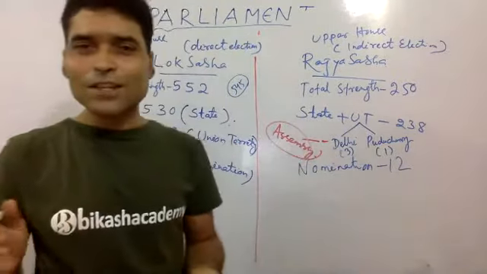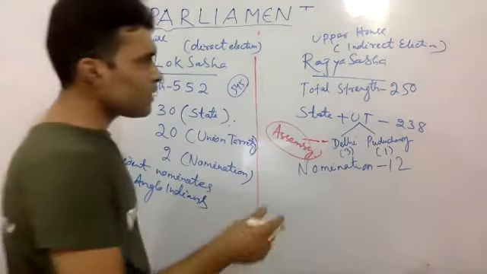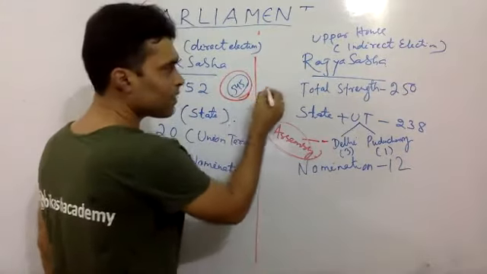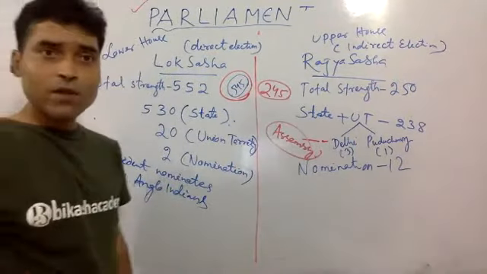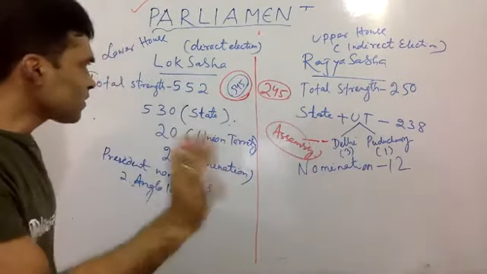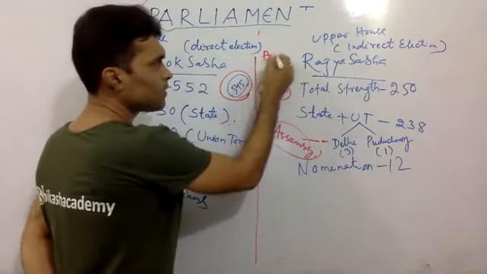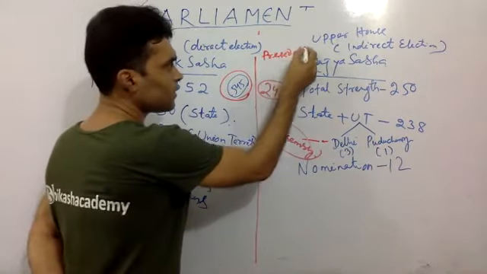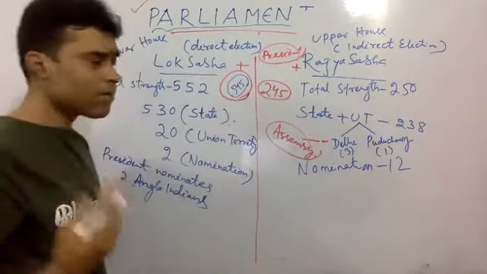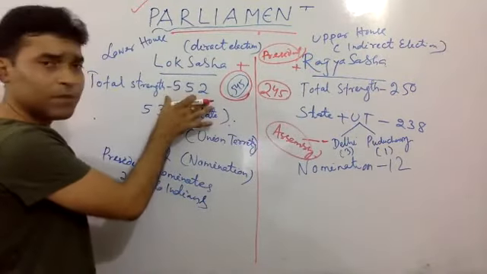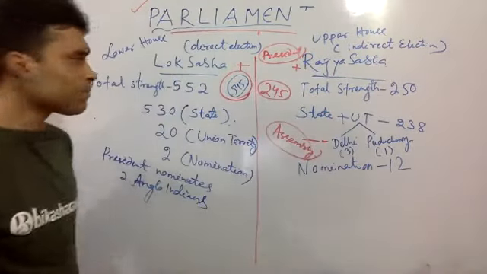At present, here 545, here 245 members, right? No issue, but this is very important. Let me explain again. Lok Sabha plus President plus Rajya Sabha is known as Parliament. Simple. In Lok Sabha, we have 552 total strength. In Rajya Sabha, we have 250 members.